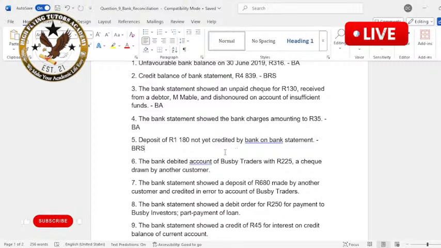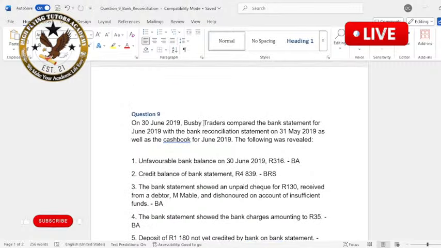The next one says the bank debited the account of Busby Traders with 225 rand, a check drawn by another customer. Right? So the bank debited us. Remember on top there they say we are what? We are Busby Traders.